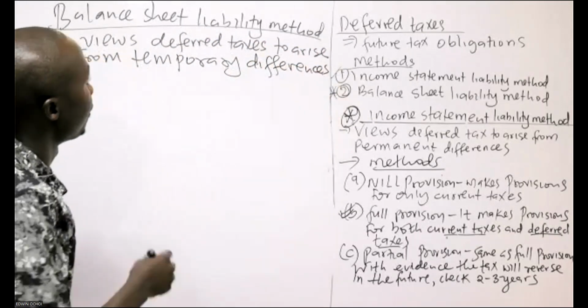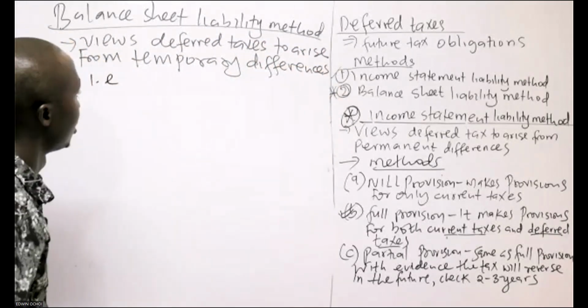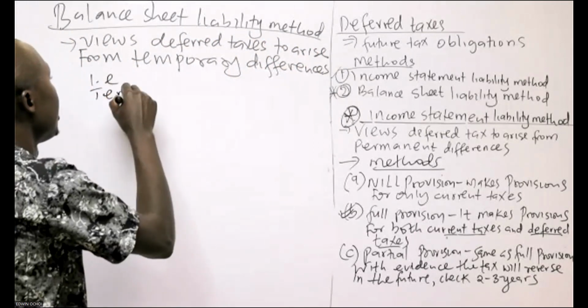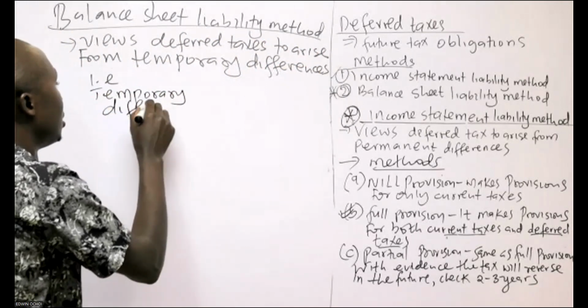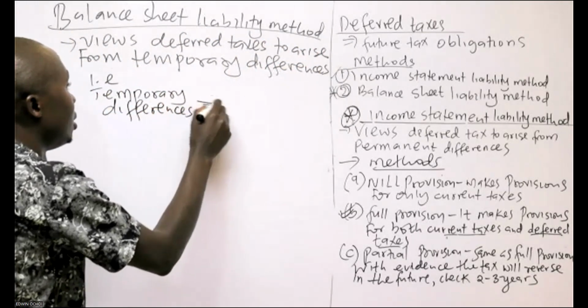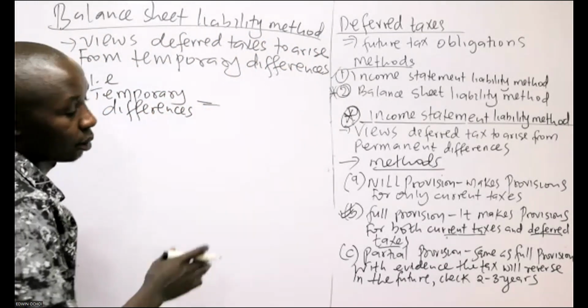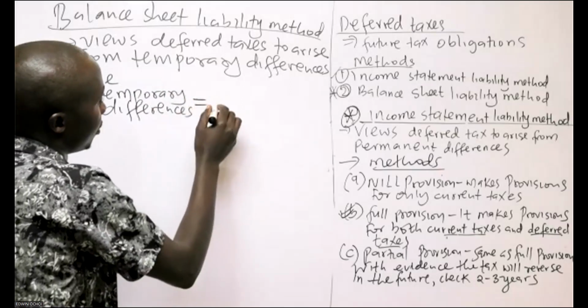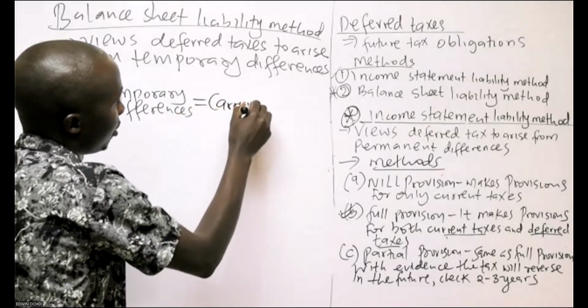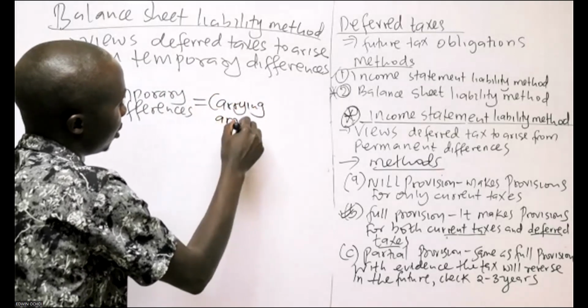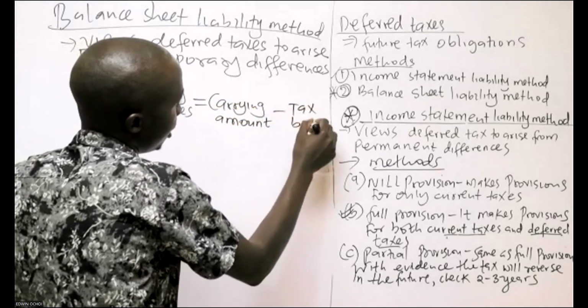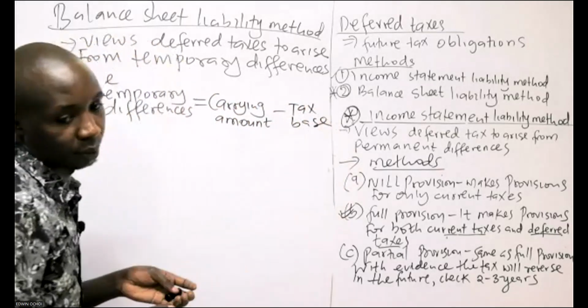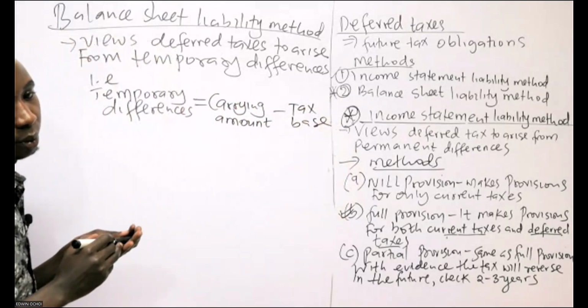We always say that temporary difference is equal to the difference between the carrying amount and the tax base.